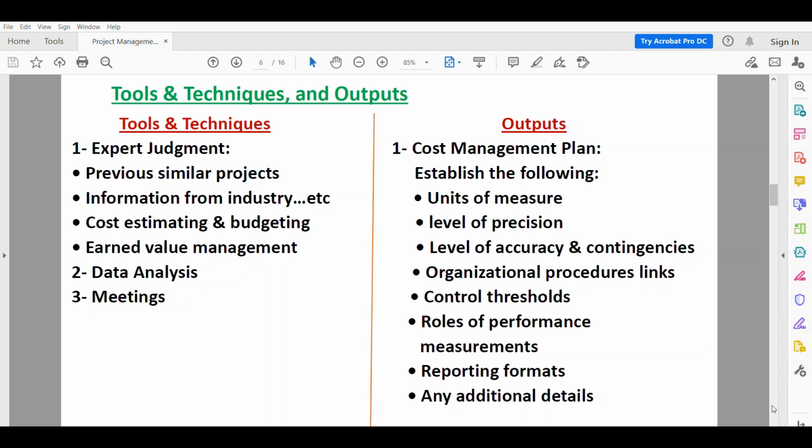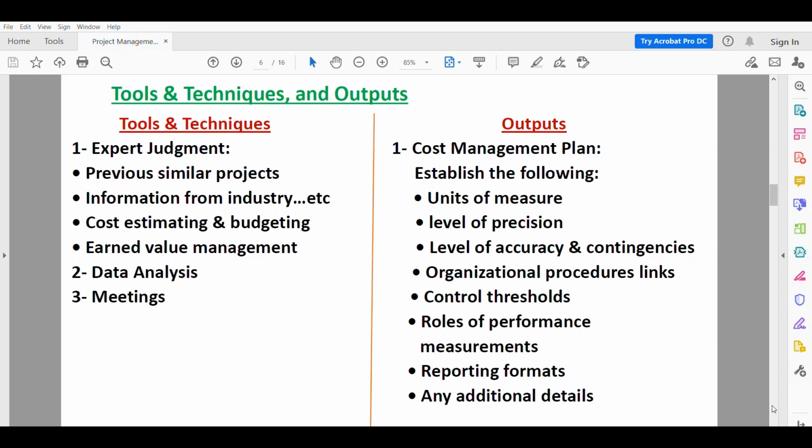The sixth one is the rules of performance measurement. The rules define the points in the work breakdown structure at which measurement of control accounts will be performed, and when we do the measurements of the cost, expenditure, and so on.